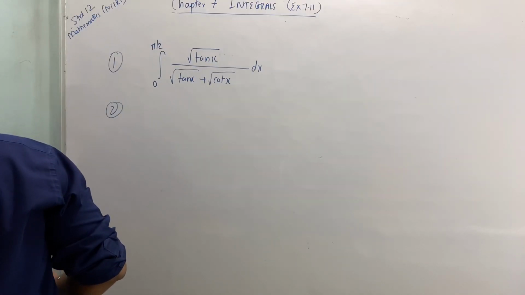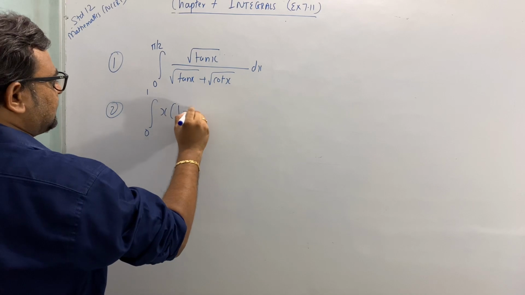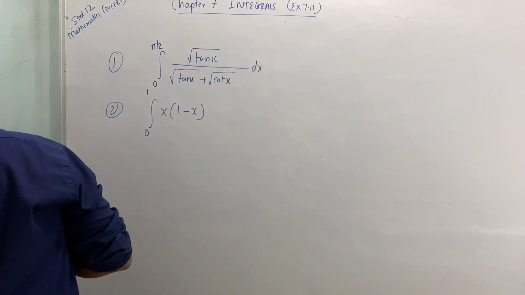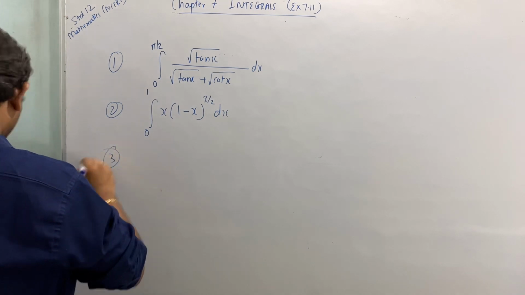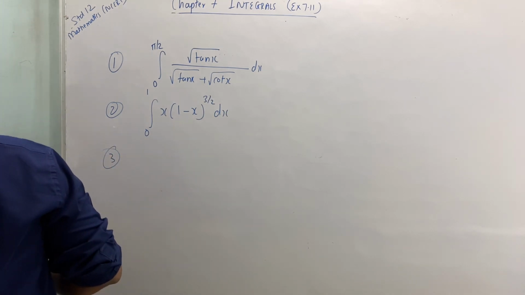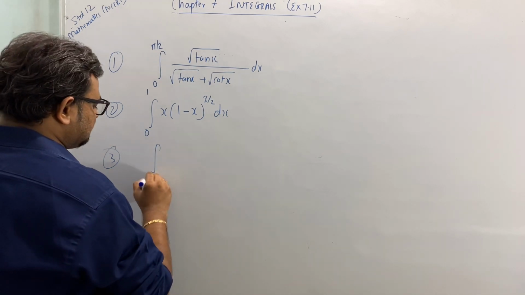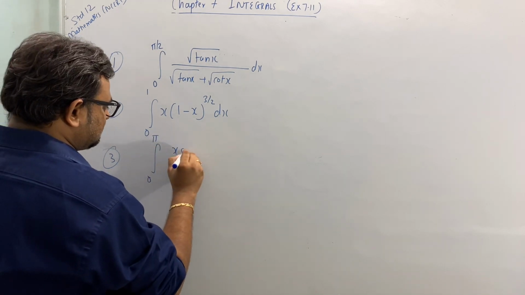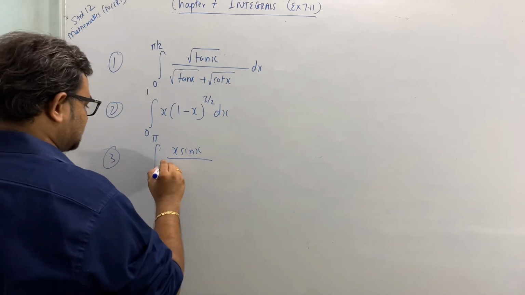Second is the integration from 0 to 1 of x into (1 minus x) whole raised to n. Third question is the integration from 0 to pi of x sin x upon 1 plus cos square x.